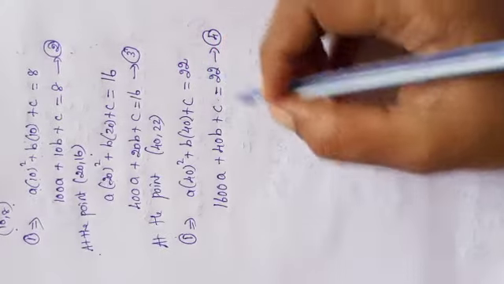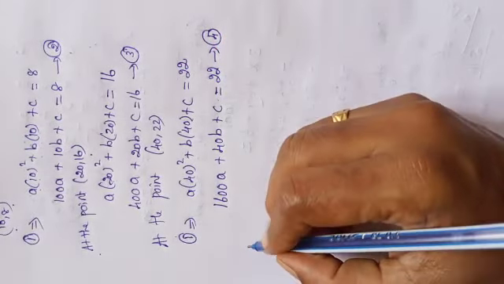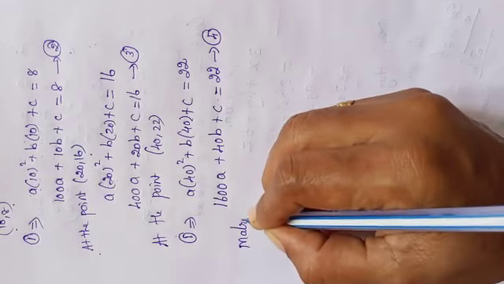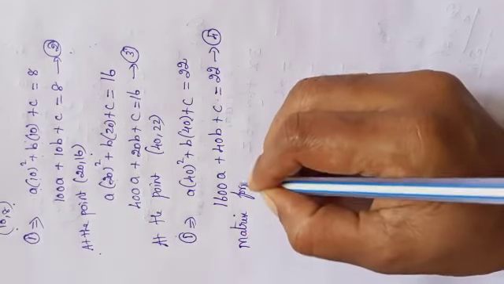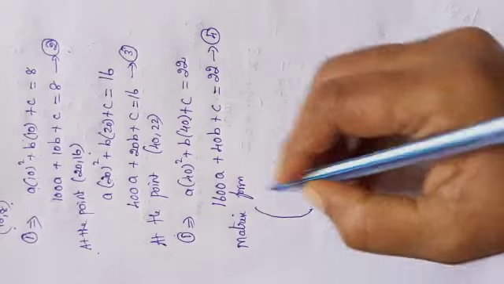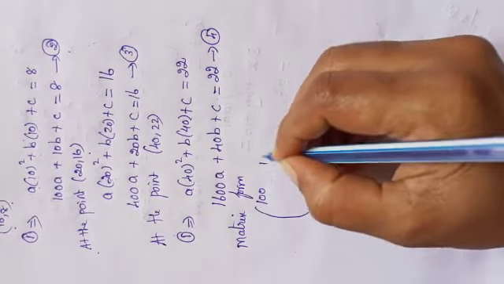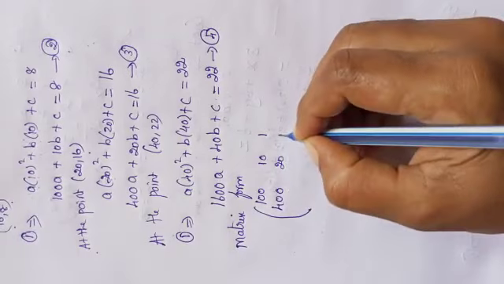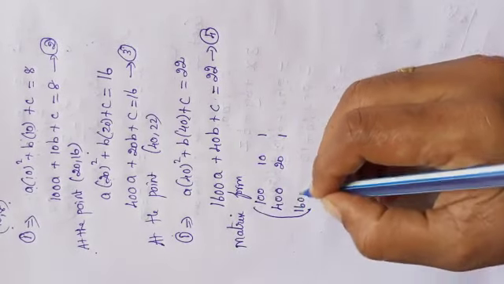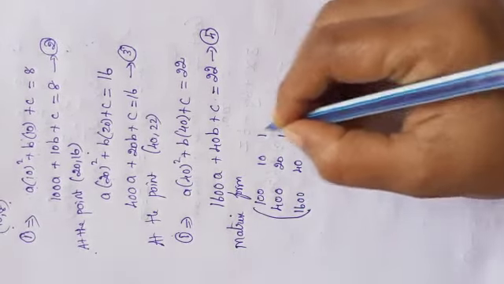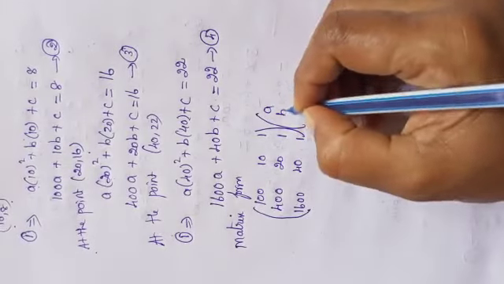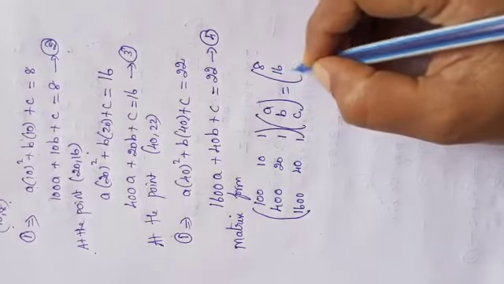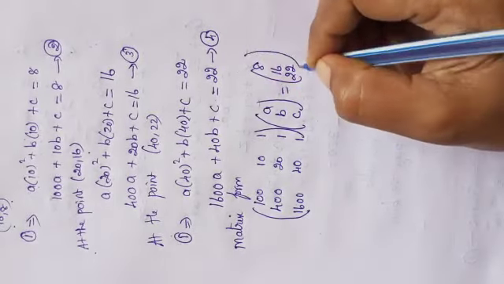Now we have to solve these 3 equations. So how to solve it? First write in matrix form: 100, 10, 1; 400, 20, 1; 1600, 40, 1 into A, B, C is equal to the constant values 8, 16, 22.